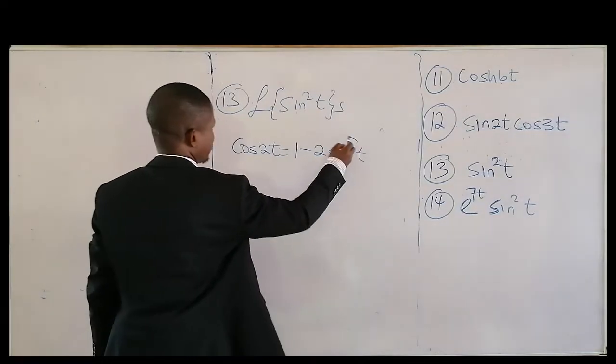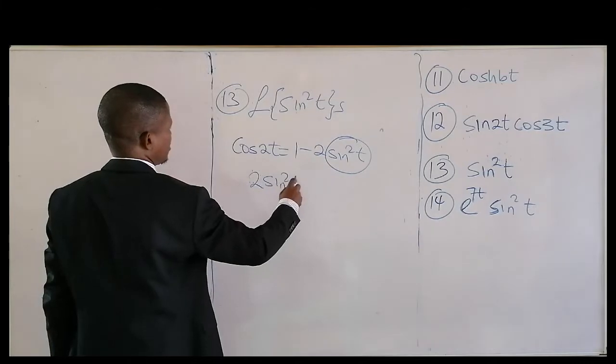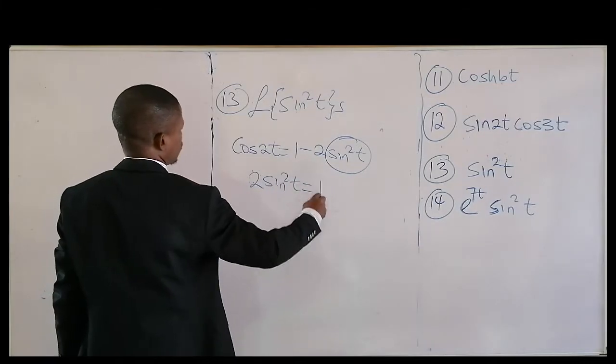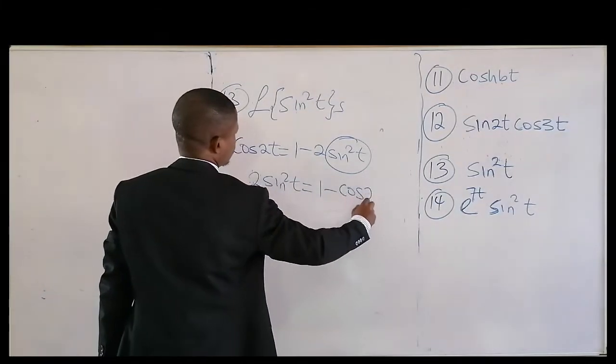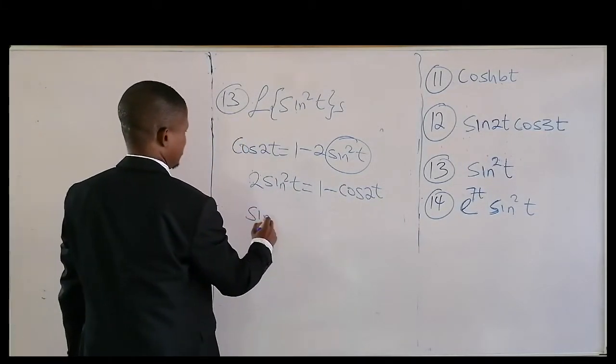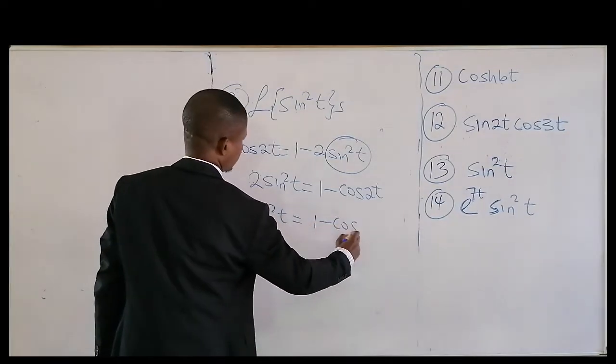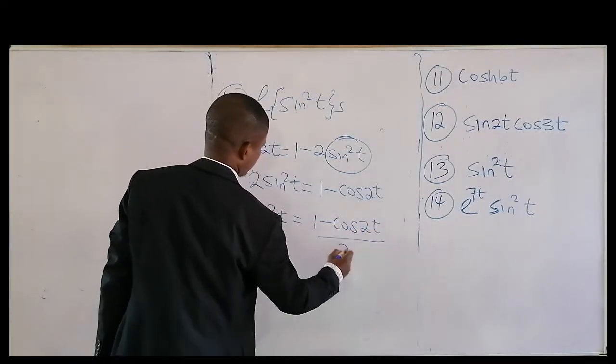Then we make this the subject, move the minus to the other side, that would be 2 sine squared t equal to 1 minus cos 2t. Then sine squared t is equal to 1 minus cos 2t all over 2.